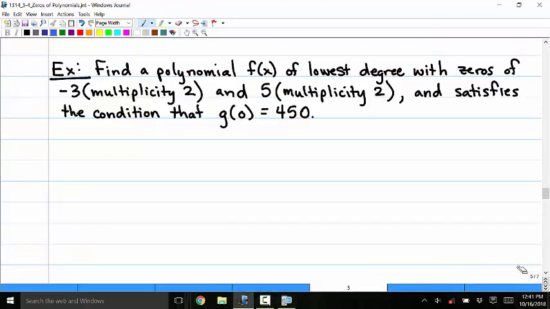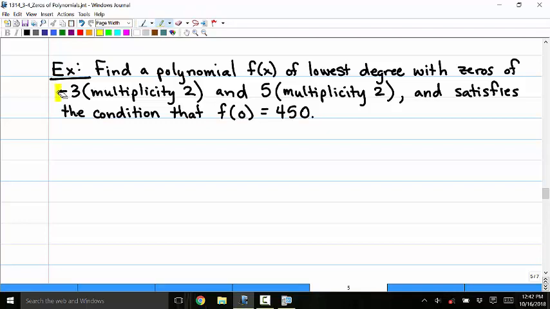Last example, find a polynomial f of x of lowest degree with zeros -3, which has multiplicity 2, and 5, which has multiplicity 2, that satisfies the condition g of 0, that should say f of 0, by the way, f of 0 equals 450. Okay, you have 2 zeros, correct?